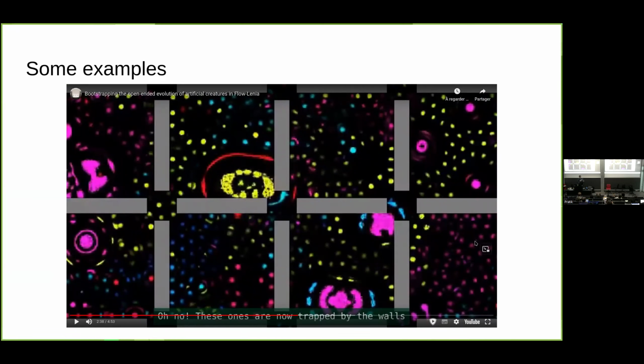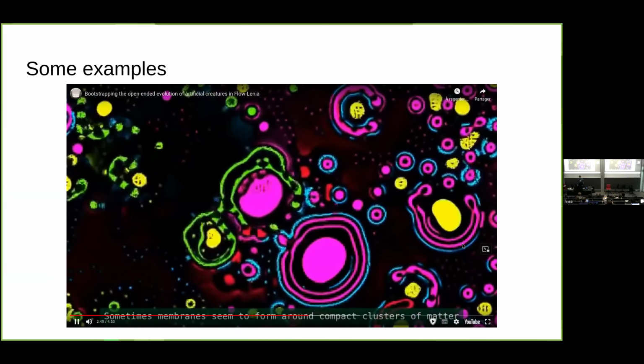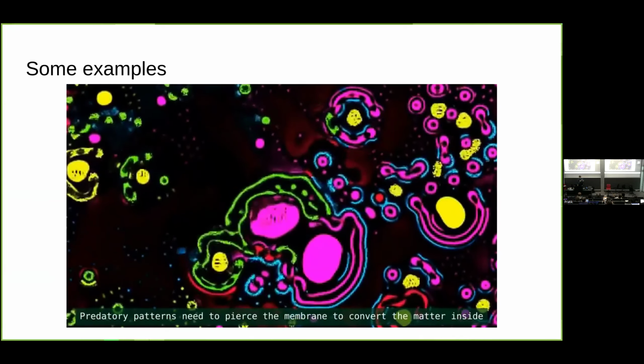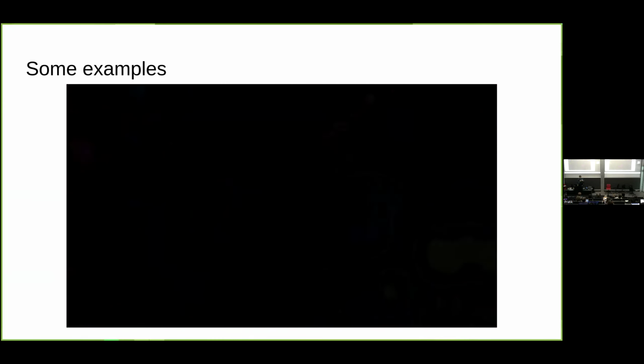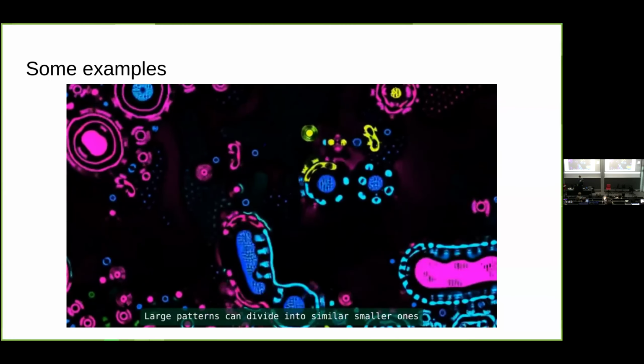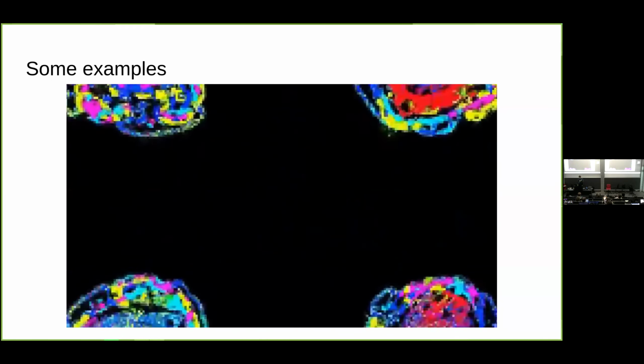So we have organisms that have different parameters and dynamics that create different parts of the larger organism. Here we have some kind of membrane and nucleus, and some merging and division of the patterns, which all appear in a single simulation.